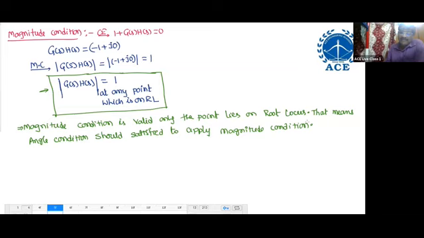If the angle condition is satisfied, then we can go for the magnitude condition. First you have to check the angle condition, and only then go for the magnitude condition. But what is the purpose of the magnitude condition?